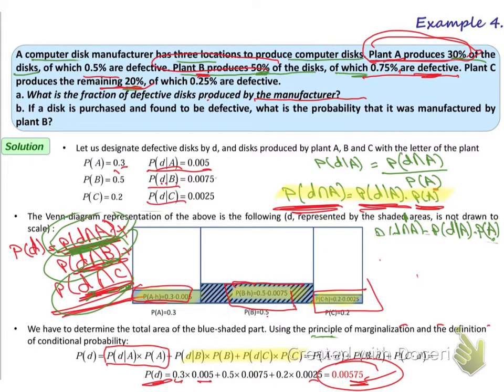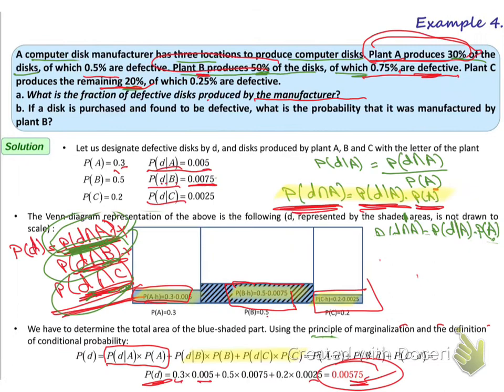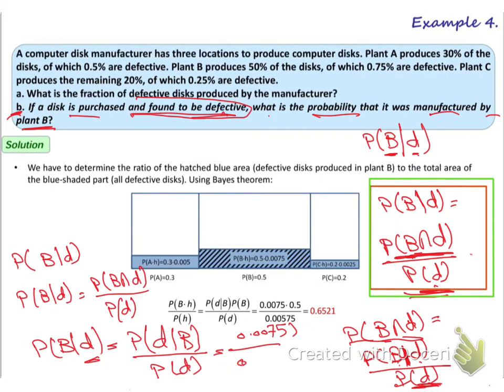It is 0.0075, divided by the probability of D, which is 0.00575. If I divide them, I get 1.313. This is the probability of B given D.